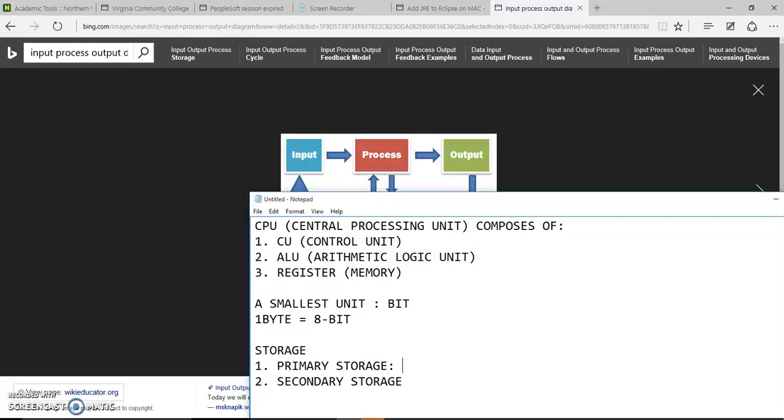Primary is RAM, which stands for random access memory, and secondary is ROM, read only memory.